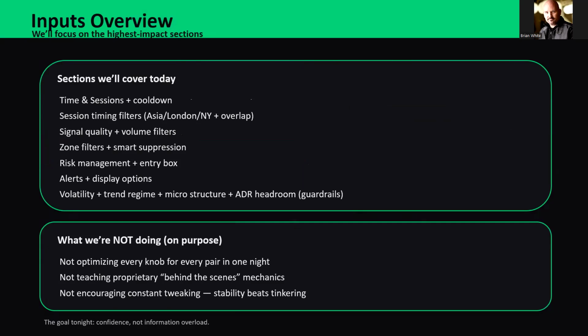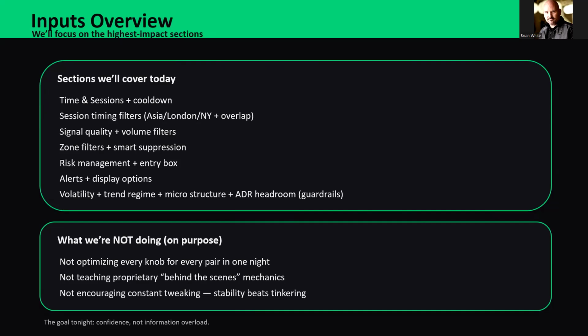Okay, so our input overview, there's a lot of them. You're going to see them here in a moment. I don't want them to overwhelm you. You may have to go over this video a couple of times. That's okay. The sections that we're going to cover are not all. We're not going to cover each detail, but we're going to talk about the time and sessions and what a cooldown is. Session timing filters like Asia, London, London-US overlap, and New York.